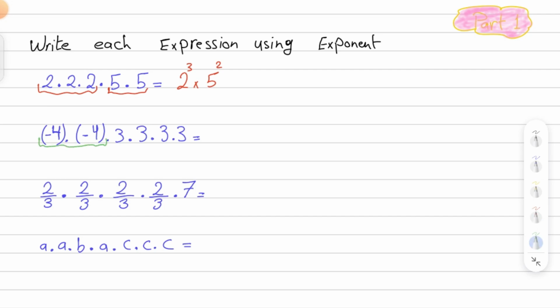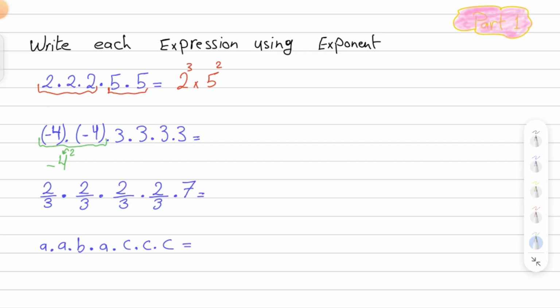Note that in the second example, the negative 4 was multiplied by itself. Some of you will make this mistake. They will write negative 4 squared like this. No, this is wrong. Because if you write it like this, this means that the exponent is only for the 4.